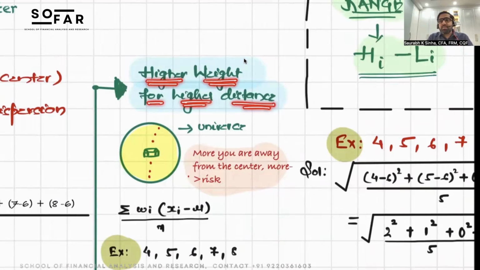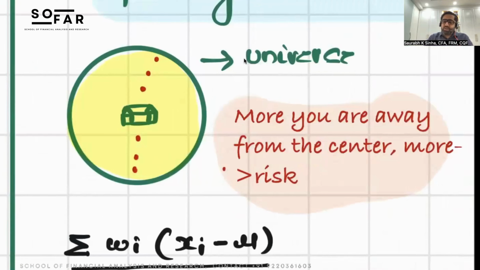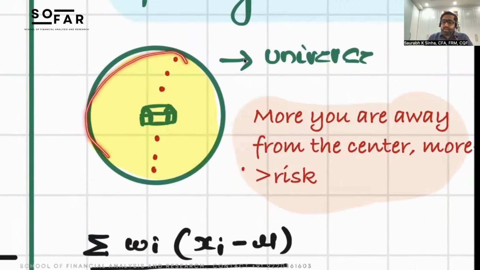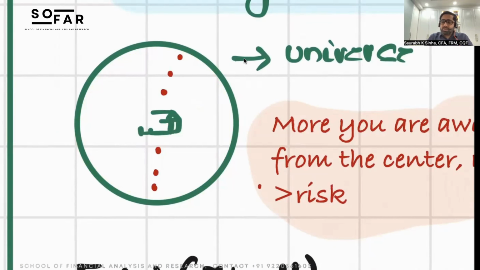But why? The more you are away from the center, the more risk you have. For the time being, assume this is your universe, and in this universe, this is your home, which is the center of your universe. If you are at your home, nobody has any concern. Nobody is afraid.